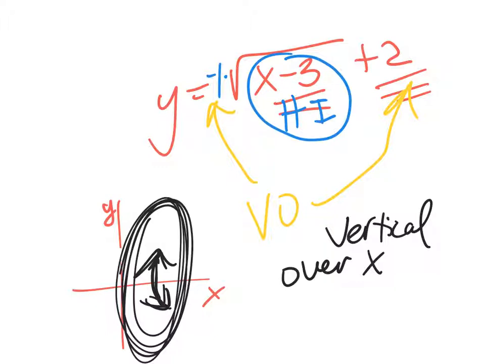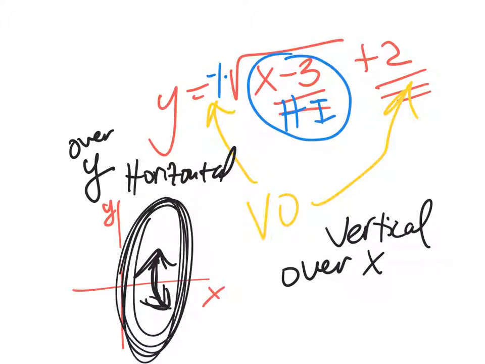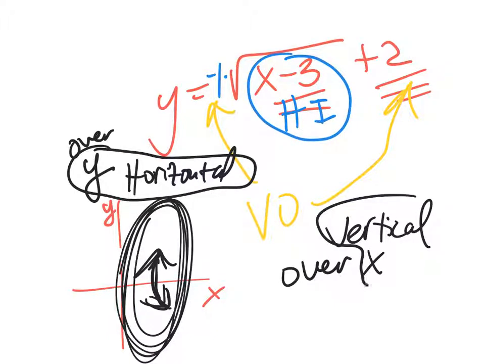Ooh, I know. What would a horizontal equation look like if it was going over the y-axis? It's horizontal. I got a way to remember it. It's horizontal and vertical. Get it? Horizontal and vertical.